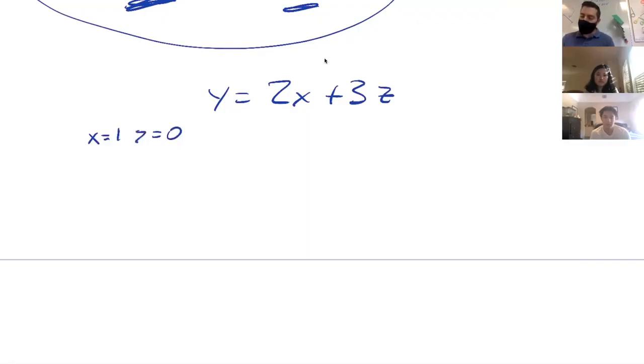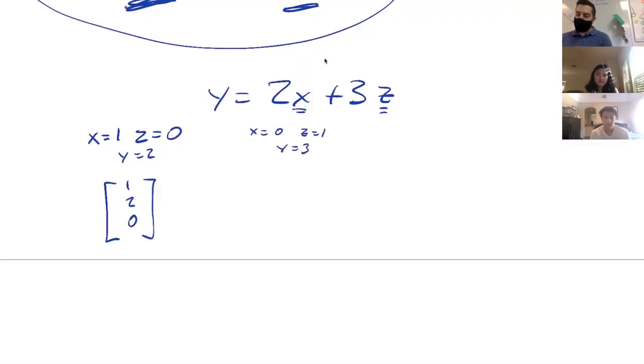I just start plugging stuff in. So if x was 1, z was 0, y is 2. And so I'd have the vector 1, 2, 0. And then if I let x be 0 and z be 1, I'd have y as 3. And so I'd have this other vector 0, 3, 1.